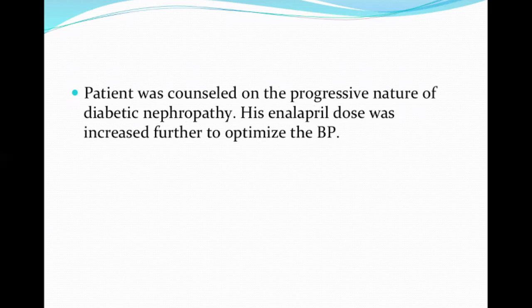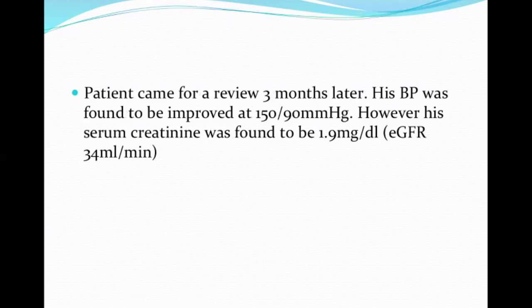And the patient this time was counseled on the progressive nature of diabetic nephropathy. So the patient was told that creatinine has gone up. This was kind of picked up. And naturally, the most likely reason for this patient's kidney or renal impairment was thought to be diabetic nephropathy. And as you know, diabetic nephropathy is a progressive disease, so it gradually gets worse over time.